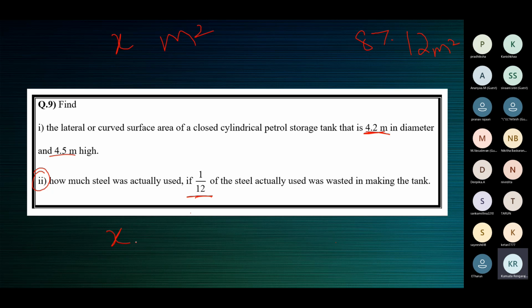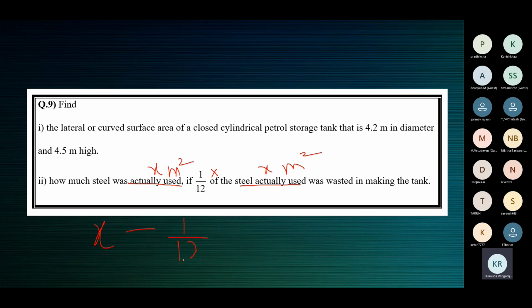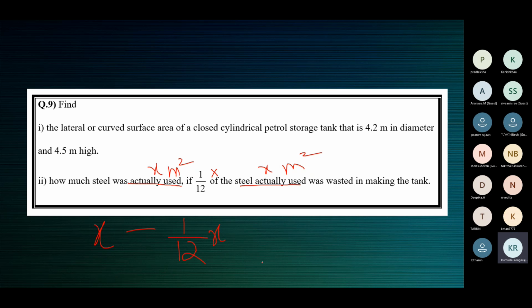Of this X meter square, 1/12 of means 1/12 into X, because I don't know how much I actually used. 1/12 of X meter square was wasted. So I purchased X meter square. Wastage is 1/12 of X. See, it's all from the English here. The remaining is present in the TSA. So this is the equation.